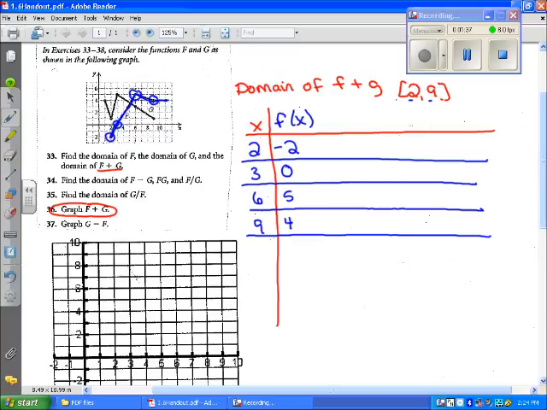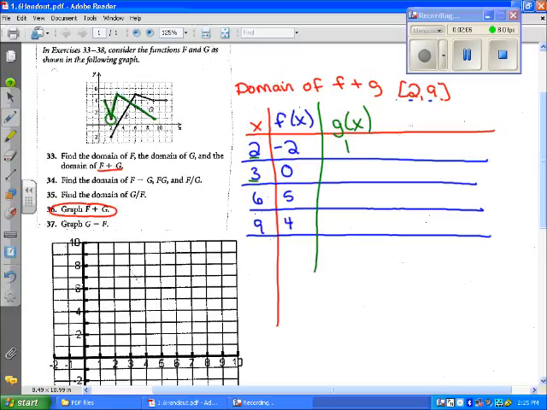Now let's go to g of x. Okay, here is g of x. Okay, I'm going to use these same exact values for x to find the y value for g of x. Okay, so let's start with x. If x is 2, g of x is 1.